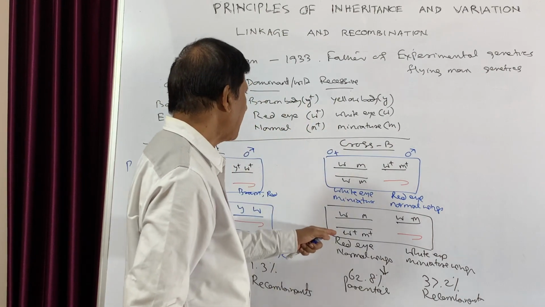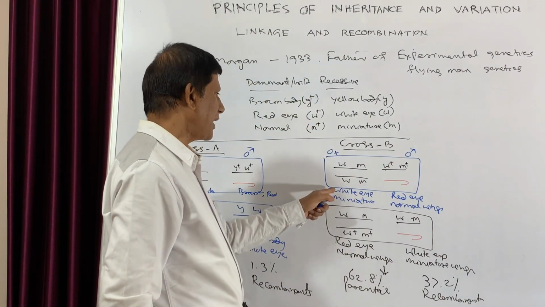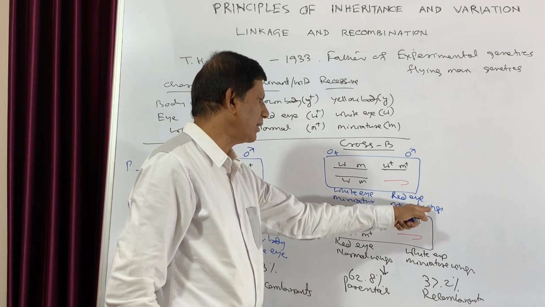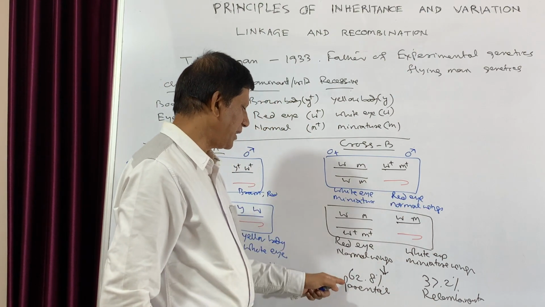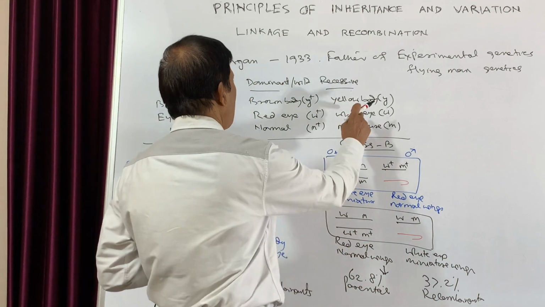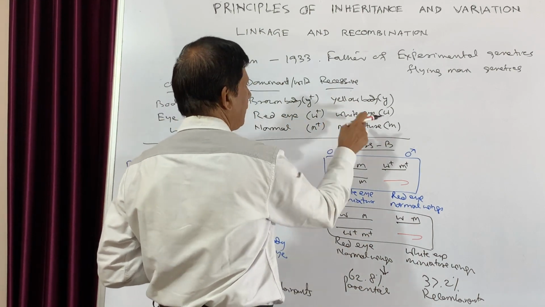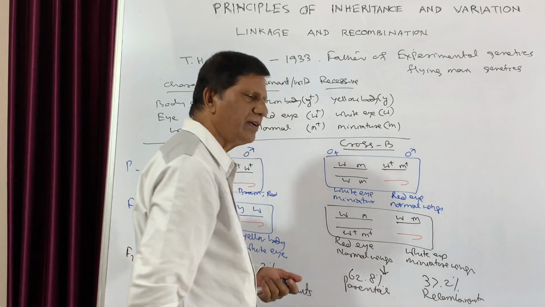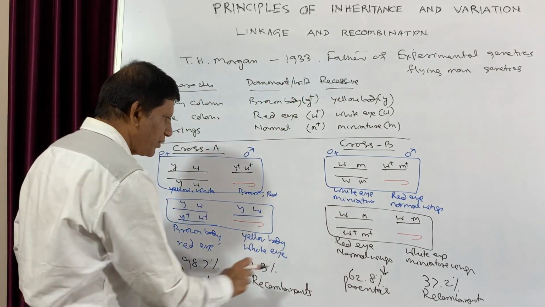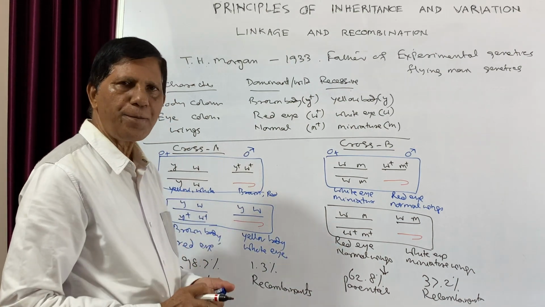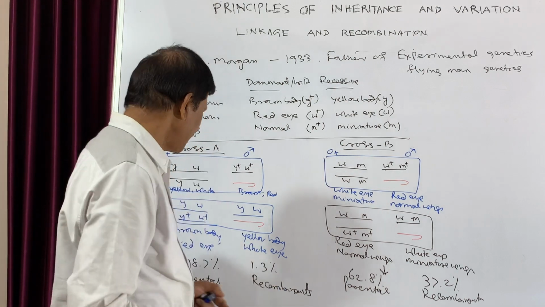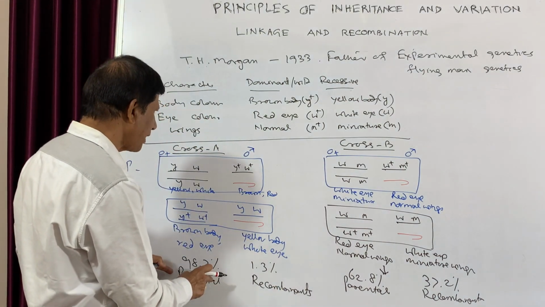That means the parental types, here the parental types are white eye with miniature and red eye with normal wings. They occurred in 62.8%, while the white eye with normal and red eye with miniature occurred in 37.2%. So if we compare these two, what will be the conclusion? What is the observation from this? That means here the parental characters are more.